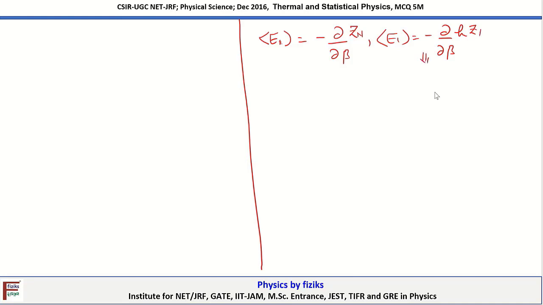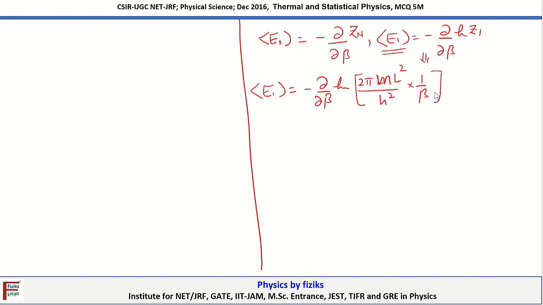So let's make use of it, and then we can determine this by simply multiplying the average value per particle with n. So E1, the average energy per particle, is equal to minus curly beta ln of 2 pi m L square upon h square into 1 by beta.